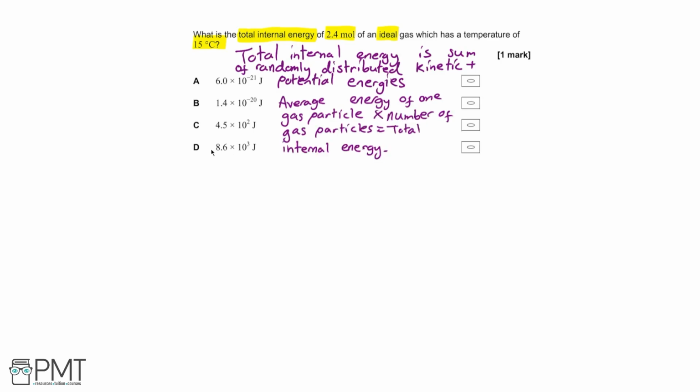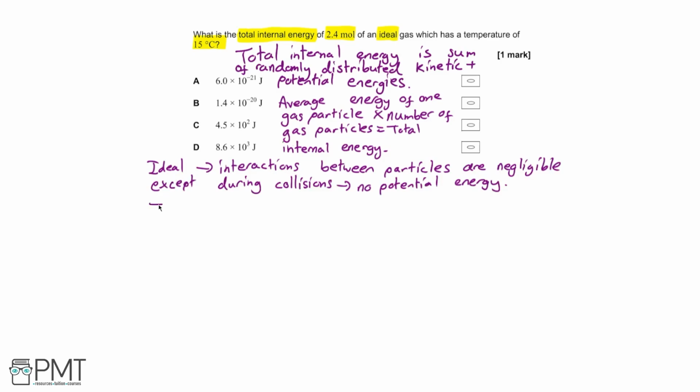So then, in order to make progress, we need to figure out what the kinetic and potential energies involved are. Now, we've been told that we're dealing with an ideal gas, and one of the assumptions in an ideal gas is that the interactions between gas particles are negligible except during collisions. What this means then is that there's no potential energy that comes from any of the interactions between the particles, because most of the time there are no interactions between the particles.